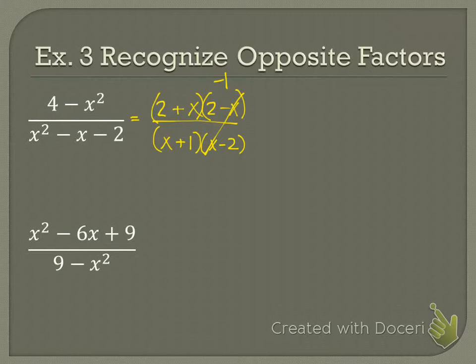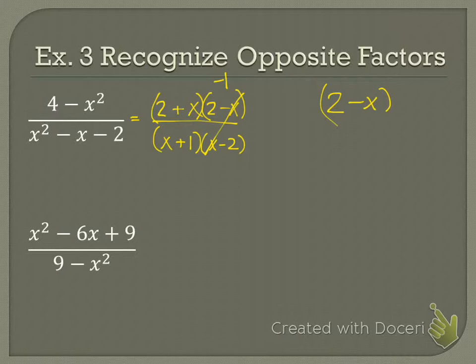This is the long version of why. Technically, when you have opposite factors, you have the same thing as long as you can factor out a GCF of negative 1. Let me show you this. 2 minus x. If I have this term, and I factor out a GCF of negative 1, well, 1 can come out of any number, and it doesn't actually change the number, right? But negative 1 does what to every term?